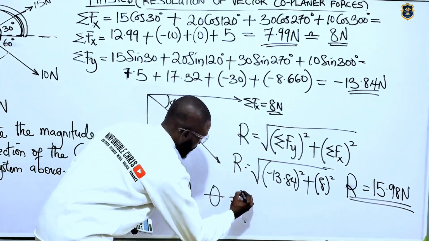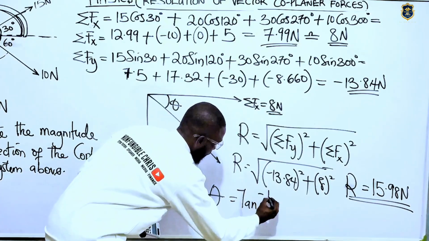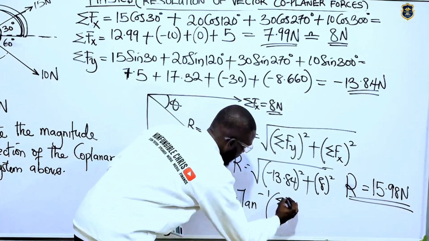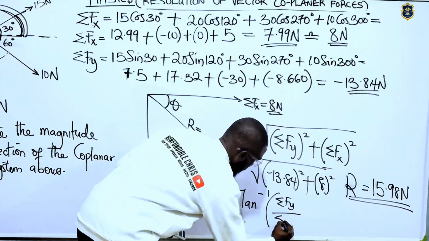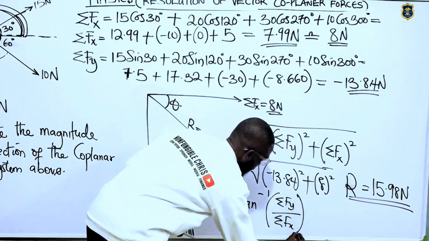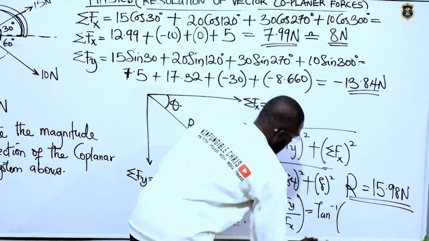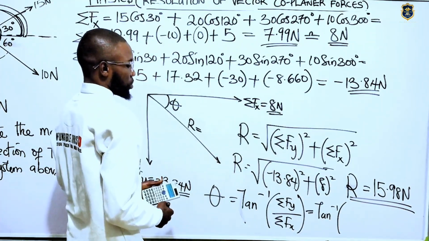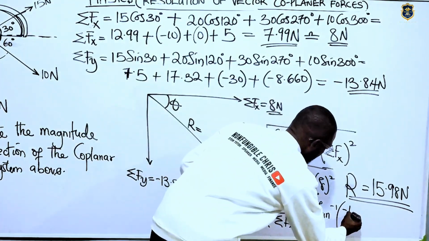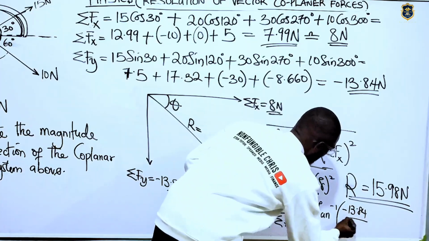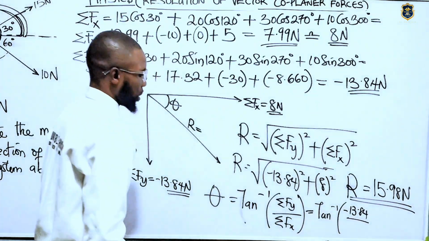It's going to be shift tan, that's the inverse of tan of ΣFy over ΣFx. By doing that, our inverse of tan of ΣFy is minus 13.84 over our ΣFx, which is 8.